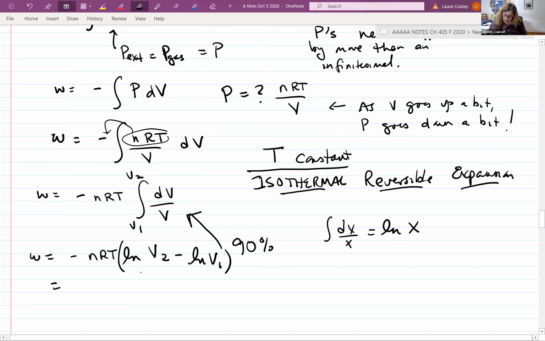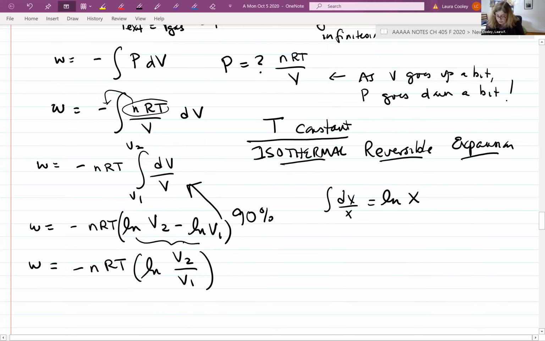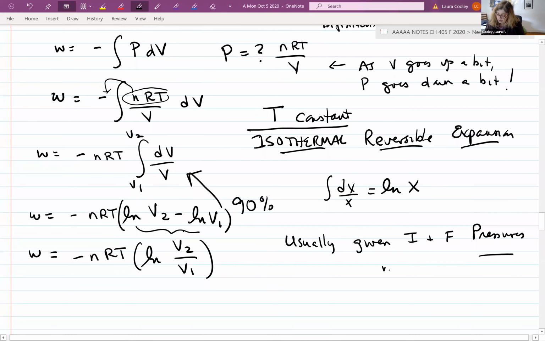Okay, because the integral of dx over x is natural log of x. But that's not how we normally express it. We will express this as minus nRT log of V2 over V1. And that's actually not the way we express it most of the time. Because usually in problems of this type, you're not given the initial and the final volumes. You're usually given initial and final pressures, not volumes.